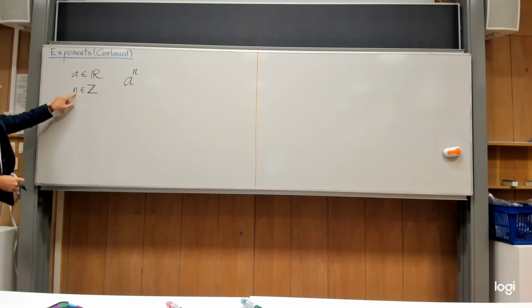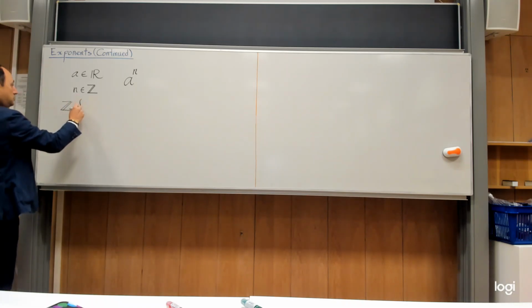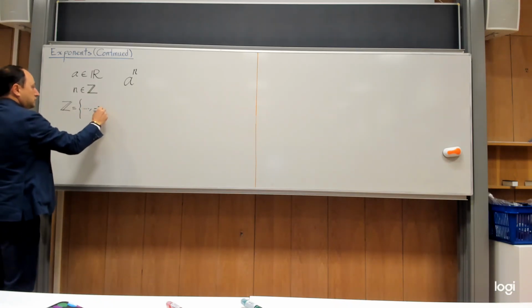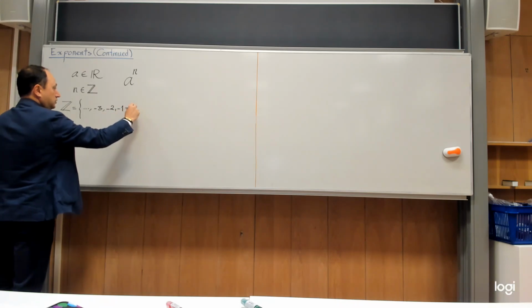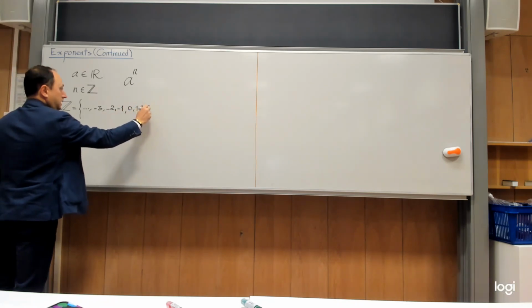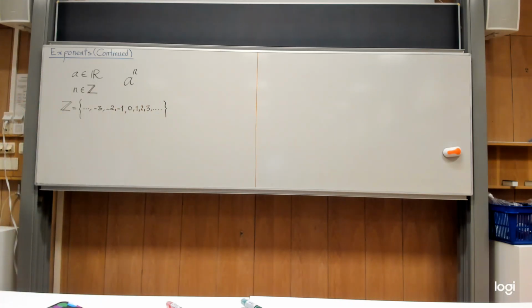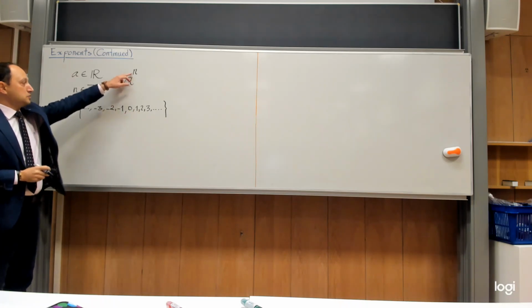When you say the set of integers, these numbers start from negative infinity, for example minus 3, minus 2, minus 1, and then you have 0, 1, 2, 3, and it continues forever. So we just learned how to talk about these numbers as the exponent.